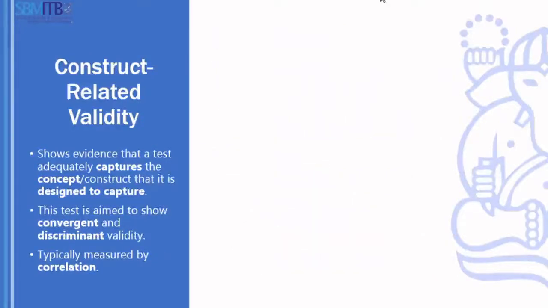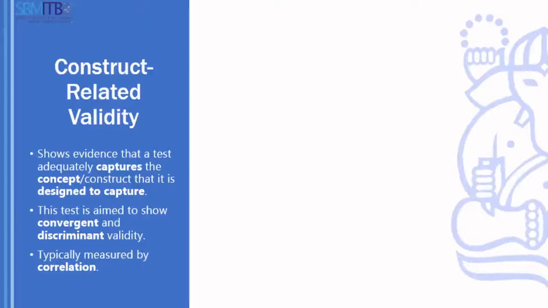The last type of validity is construct validity. It shows evidence that a test adequately captures the concept or construct that it is designed to capture. This test is aimed to show convergent and discriminant validity, which is typically measured by correlation.